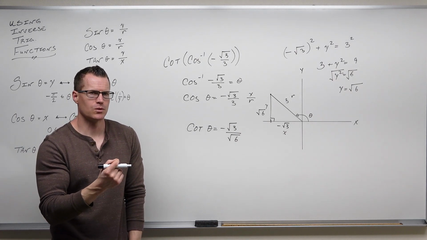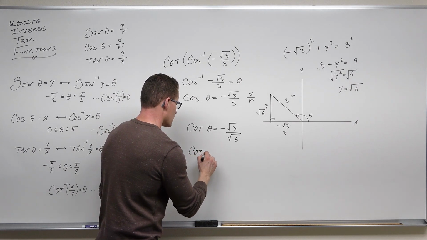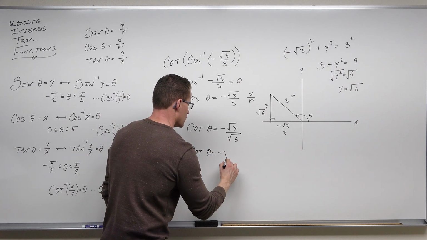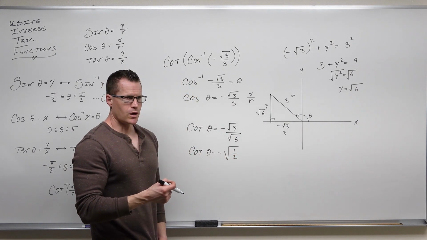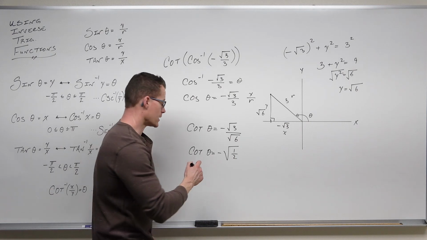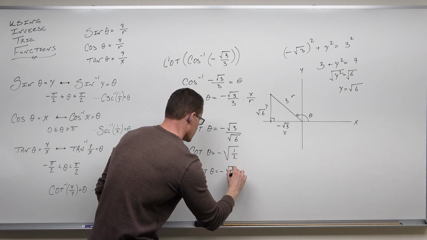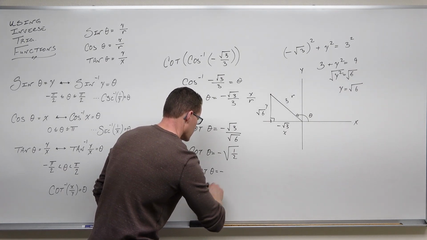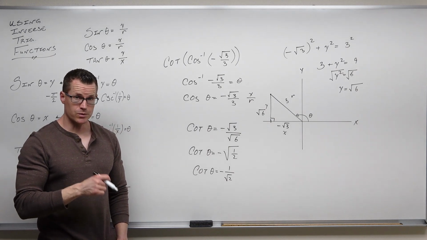I'd make one square root, that's going to be the square root of 1 over 2. Well, the square root of 1 is 1, but the square root of 2 we would rationalize. And we would get negative square root 2 over 2.